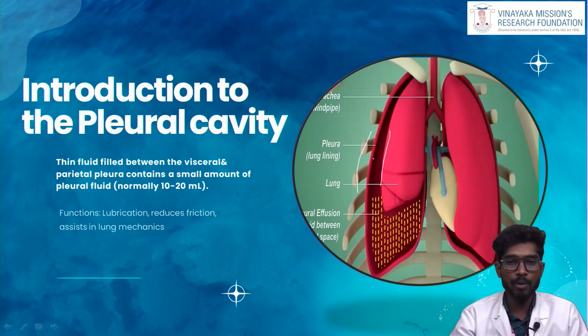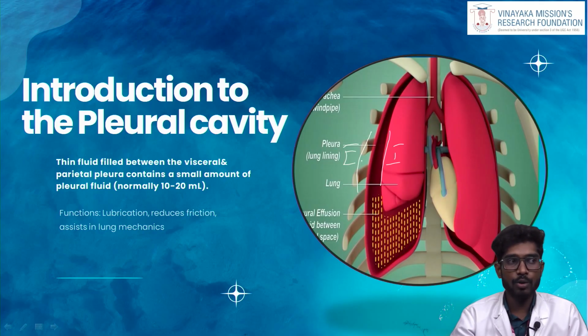There are two types of pleural cavity. The first one is intercostal and extracostal. These are the two spaces in between where the fluid is filled. The fluid which lies between the two layers is approximately 10 to 20 ml, which is a small quantity.